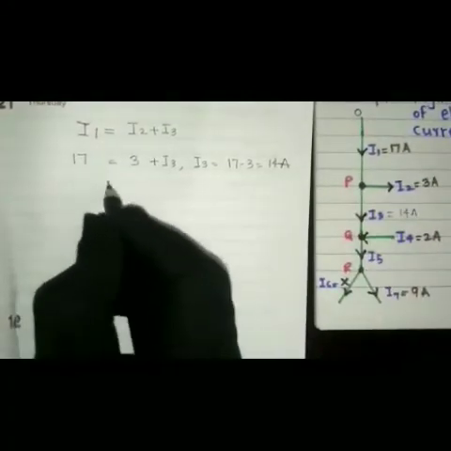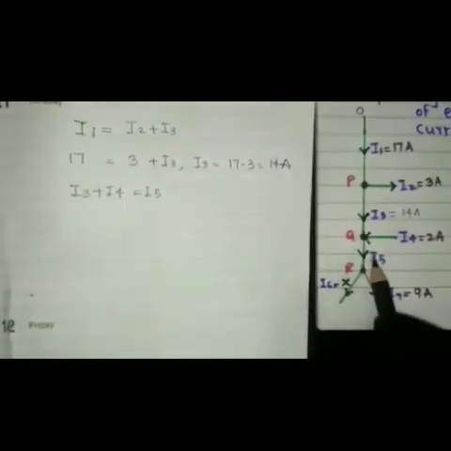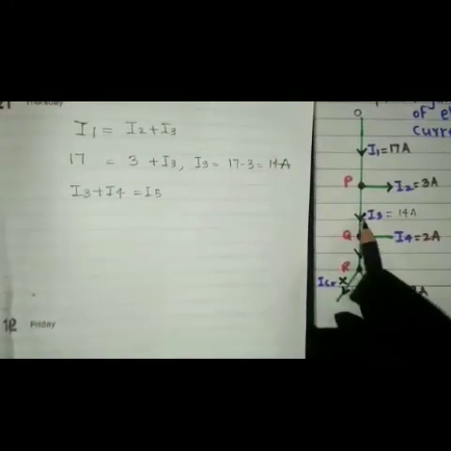Then for the next, at junction Q, I3 is arriving and I4 is arriving, and I5 is leaving, so I5 is equal to I3 plus I4. I5 is nothing but the sum of these two currents.